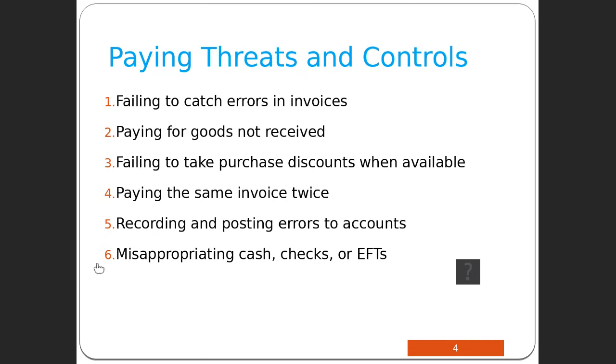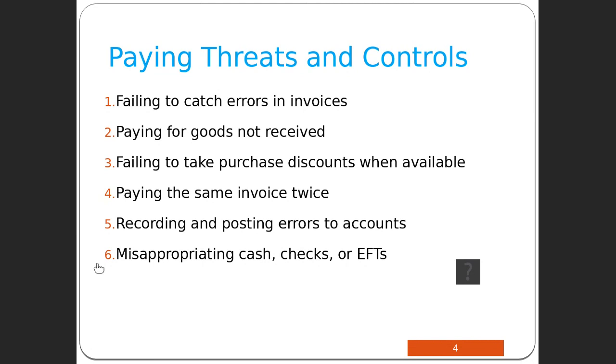The last threat is misappropriation of cash, checks, or electronic fund transfers. Again, we discussed the fraud with cash and checks and electronic fund transfers in detail in chapter 5. So those same controls are applicable to the expenditure cycle. You should have the proper security when handling cash.